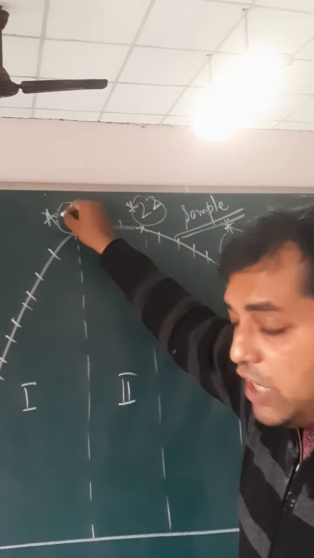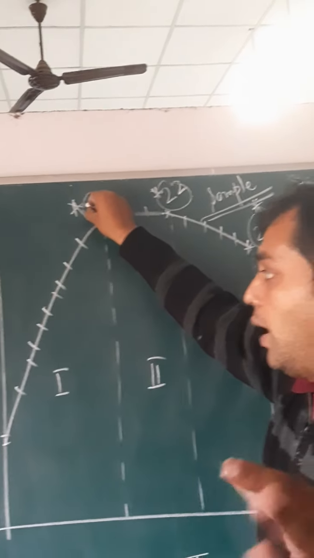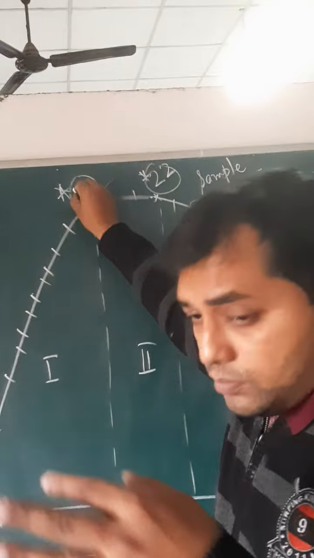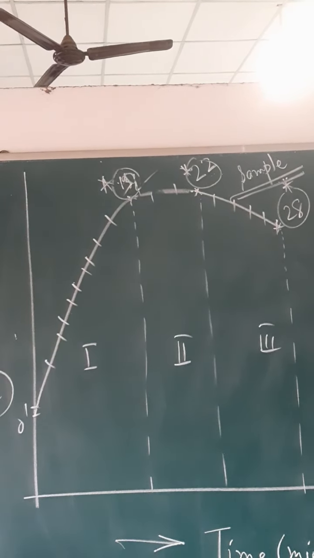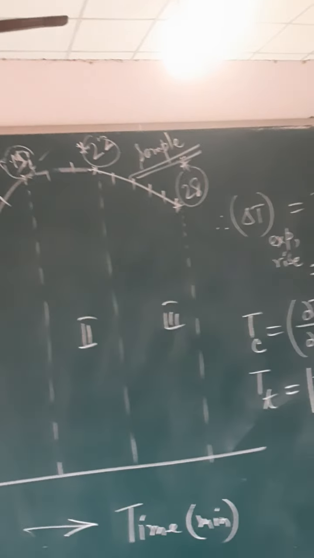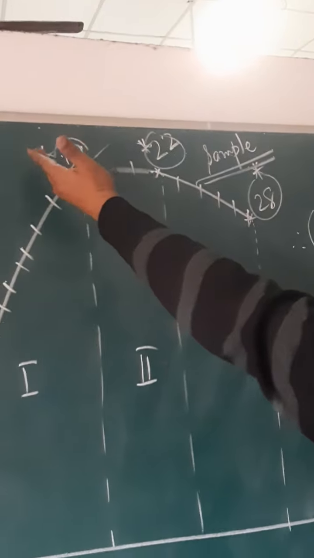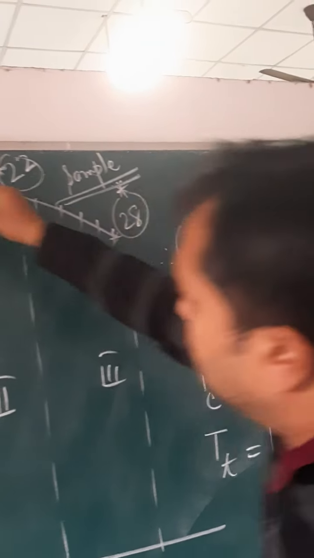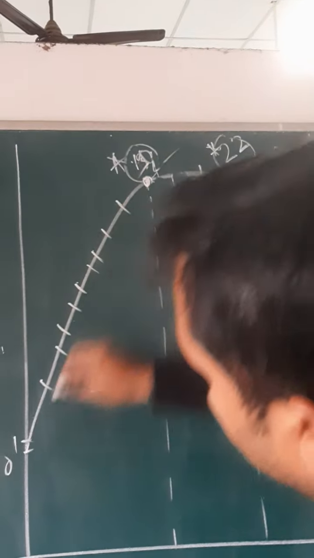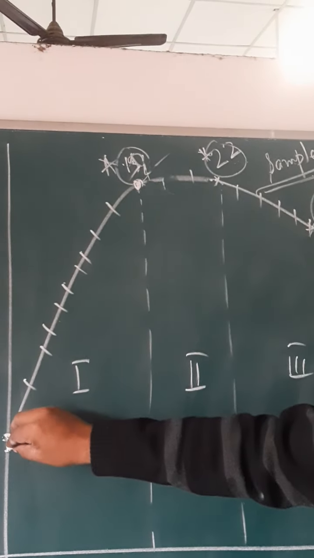So check your data which was recorded and already uploaded in the third phase of the discussion. From that you find whether it is T12 or T16 or 15, whatever. So find delta T experimental rise, which is the maximum one minus the minimum one. Don't take T naught. So this is T max and this is T min.